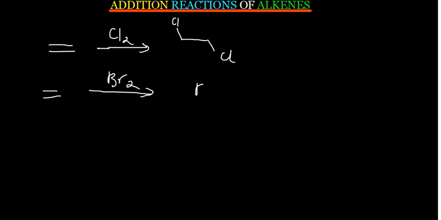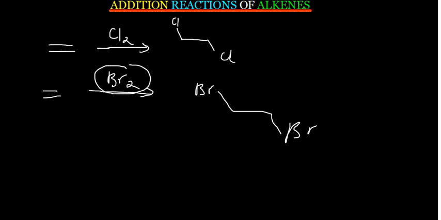So what you are going to form is the dibromo product, like that. So it is actually this reaction, the electrophilic addition of halogens, which is the test of unsaturation.